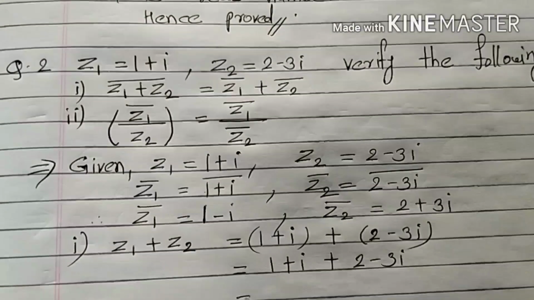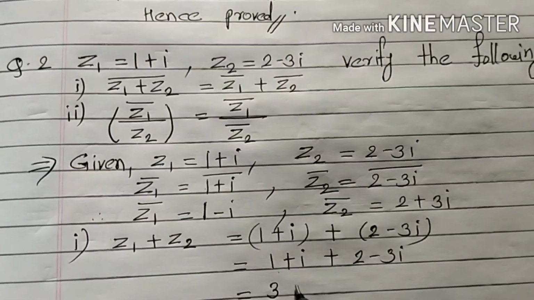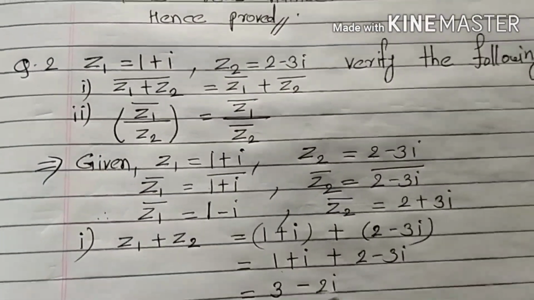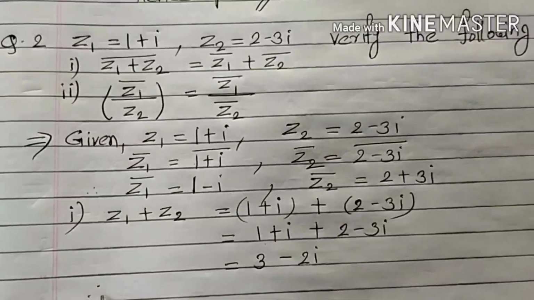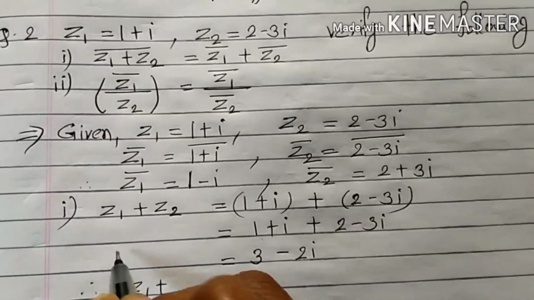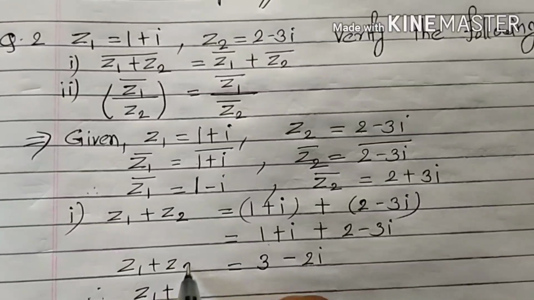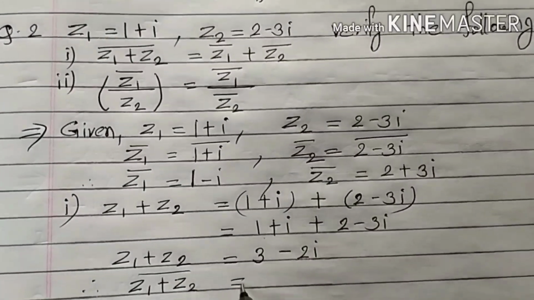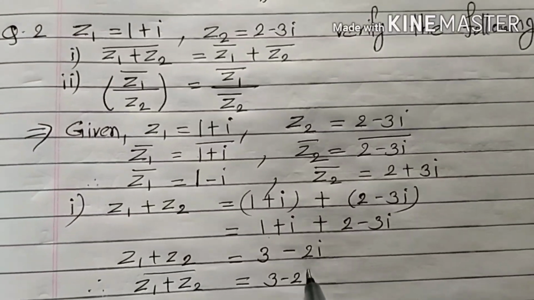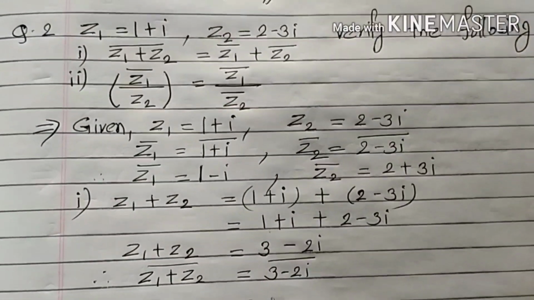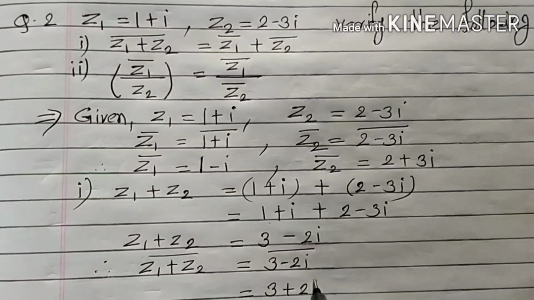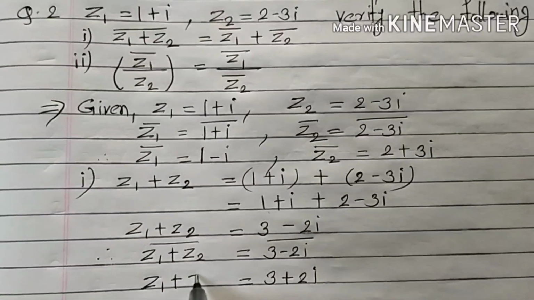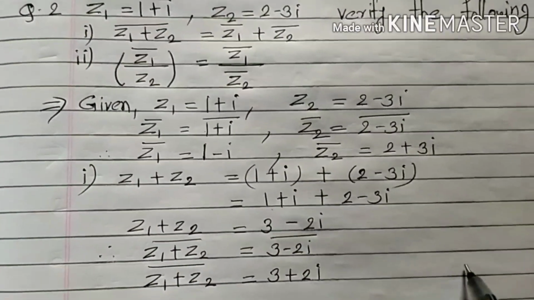So we get 1 plus 2, 3, and this is minus 2i. So therefore z1 plus z2 is equal to 3 minus 2i. So bar of z1 plus z2 is equal to the bar of 3 minus 2i, which is equal to 3 plus 2i. Means bar of z1 plus z2 is equal to 3 plus 2i.